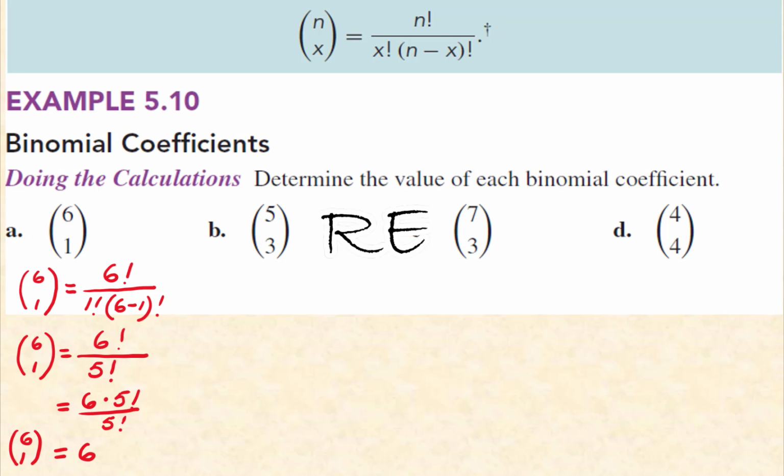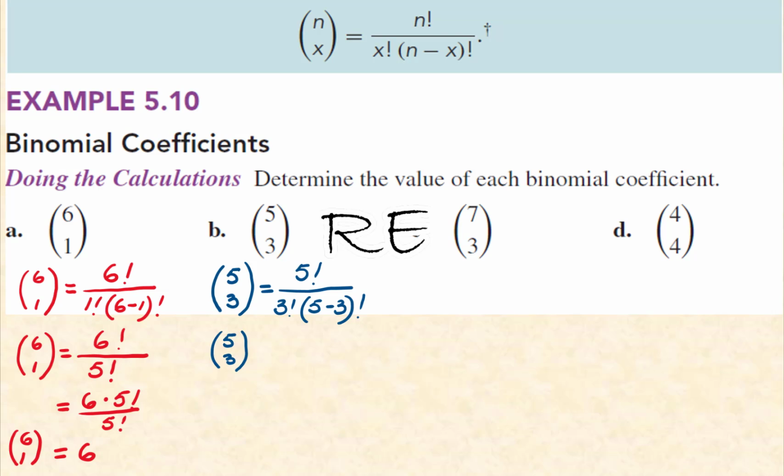The binomial coefficient for out of 5, choose 3, order is not important, is 5 factorial divided by 3 factorial times 5 minus 3 factorial.